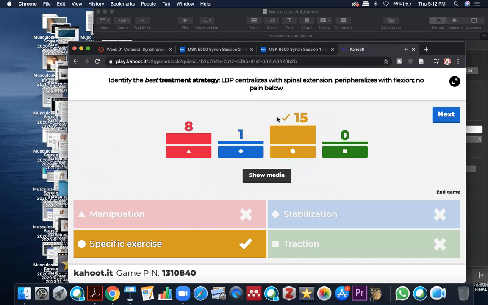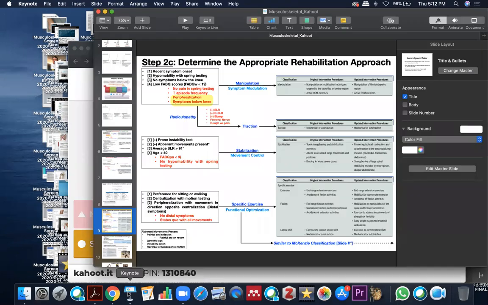Yeah, so this one's specific exercise. If you look at some of the criteria for putting them in functional optimization, which implies specific exercise, one, I didn't put this here, but they have a preference for sitting or walking. That was one of them.